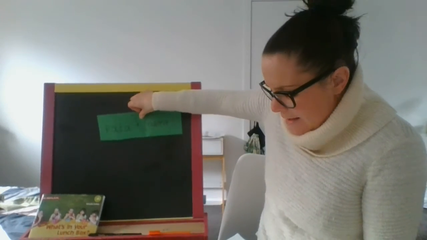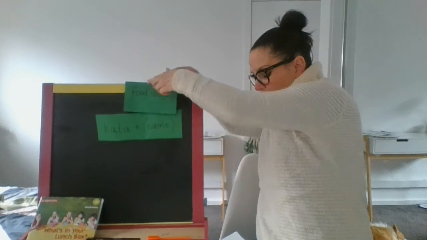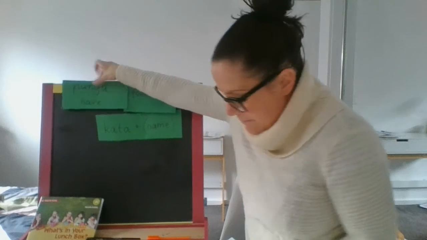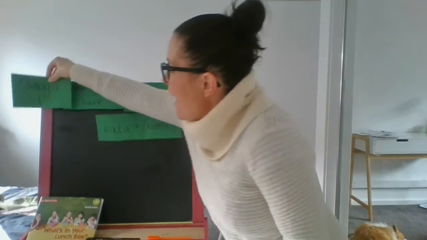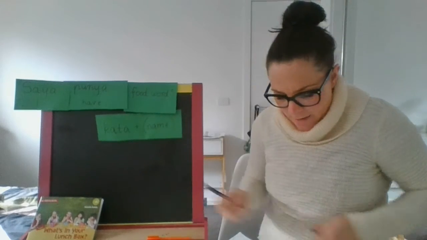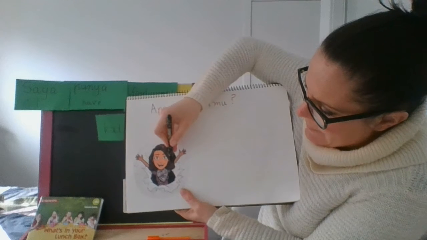So let's have a go at writing that together. I'll just pop these back up because these will help me with my writing. It's always good to have the PowerPoint close by to help you. So I'm going to draw myself a speech bubble.